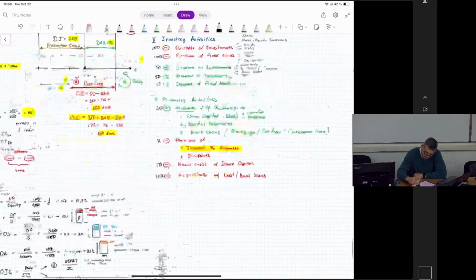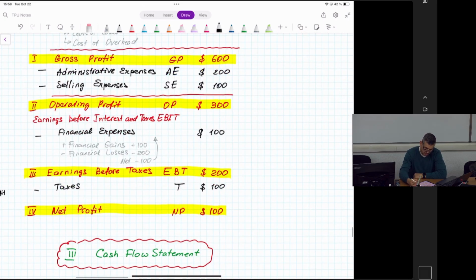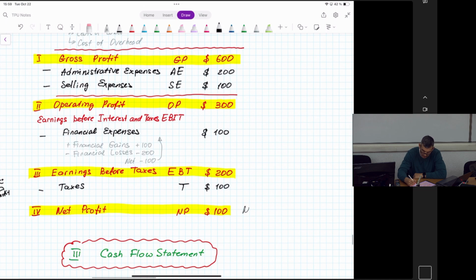Let me show it here. See, you skip the 100 of financial expenses and only subtract the taxes. So 300 minus 100 will be the NOPAT, operating profit minus taxes. It will be 200. The NOPAT will be 200.